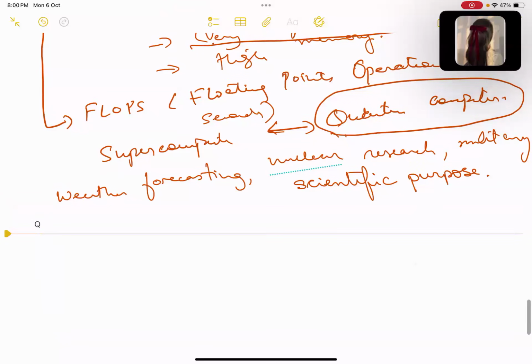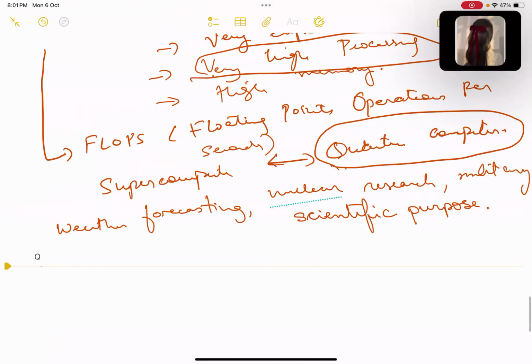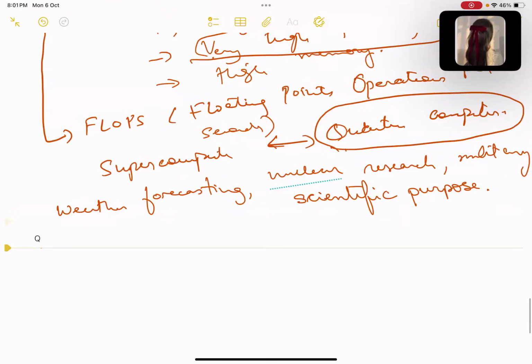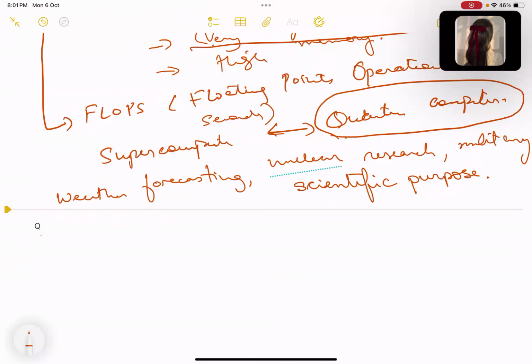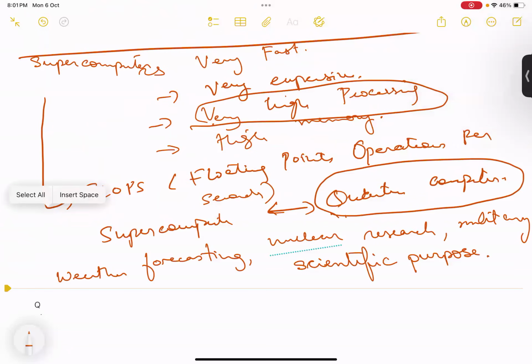Now, when we say weather forecasting, for example, we know that in India, the weather forecasting is done by the IMD, right? Indian Meteorological Department.